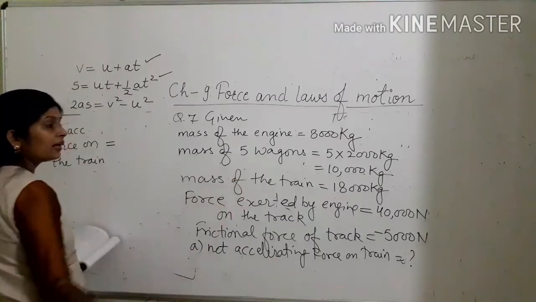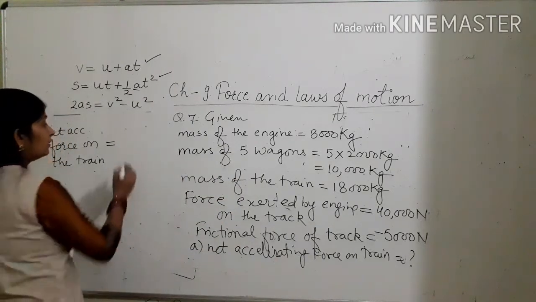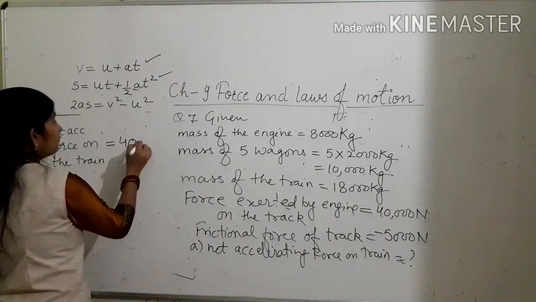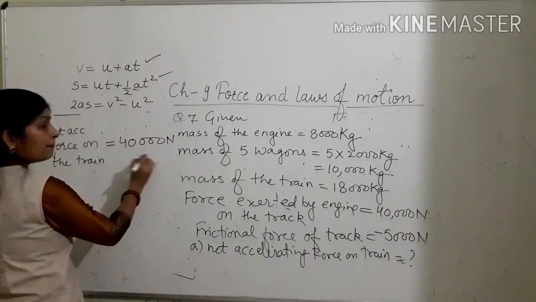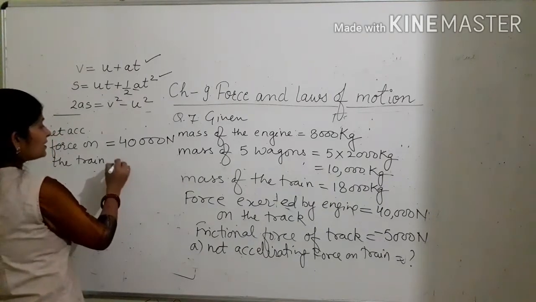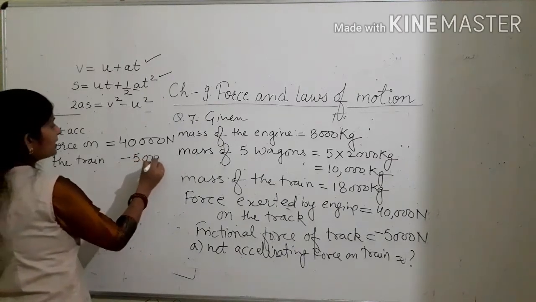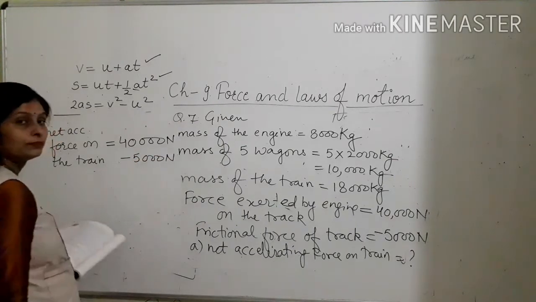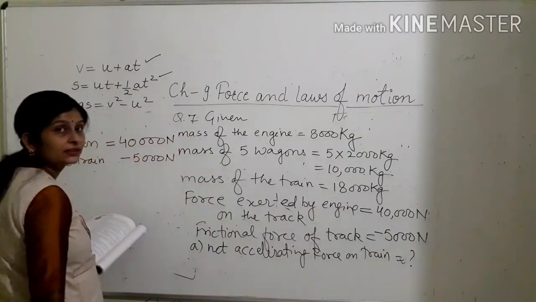So when we take out their combination, we will write 40,000 Newton plus minus 5,000 Newton. So plus minus 5,000 Newton will be written as minus 5,000 Newton.